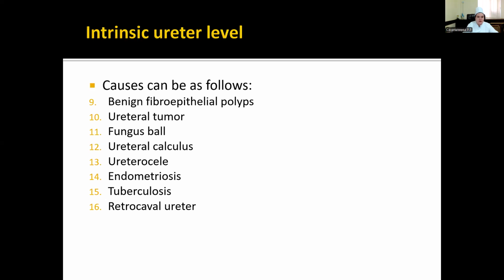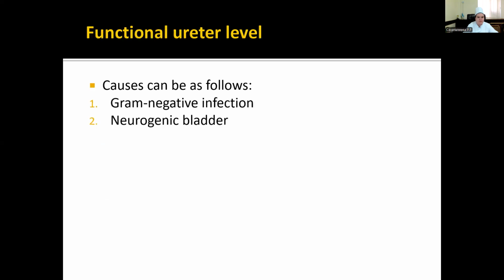Other intrinsic causes: benign fibroepithelial polyps, ureteral tumor, fungus ball, ureteral calculus, ureteral endometriosis, tuberculosis, and retrocaval ureter. The functional ureteral level causes can be as follows: gram-negative infection and neurogenic bladder.